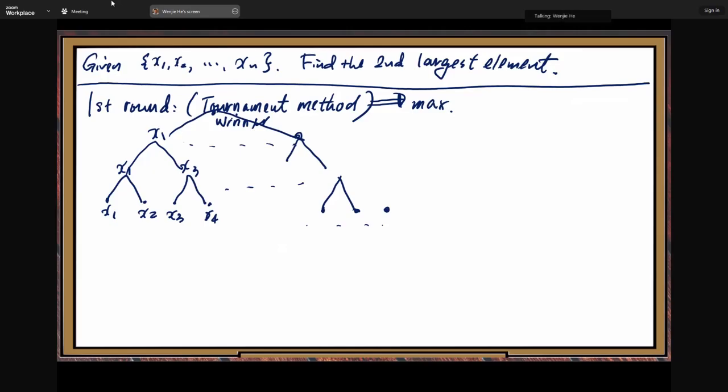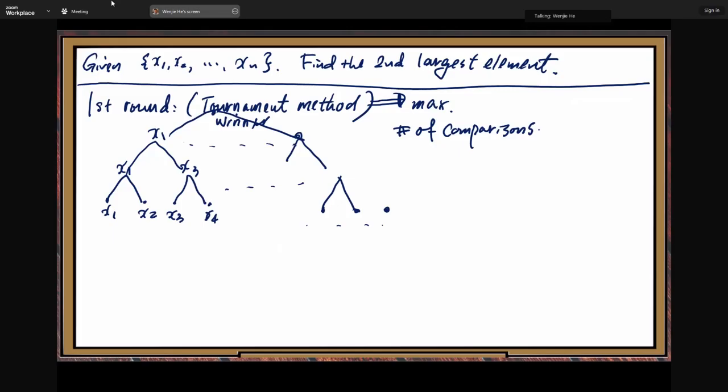The number of comparisons in the first round. From the picture it looks pretty complicated. How do you know how many comparisons? But we already have the answer in our module 1, finding the maximum. Given n elements, how many comparisons do you need to find the maximum? N minus 1.